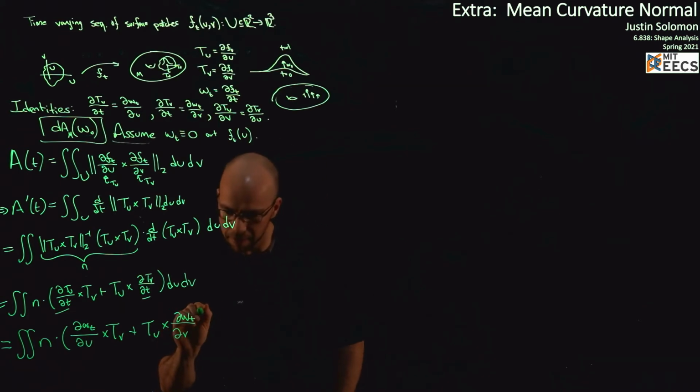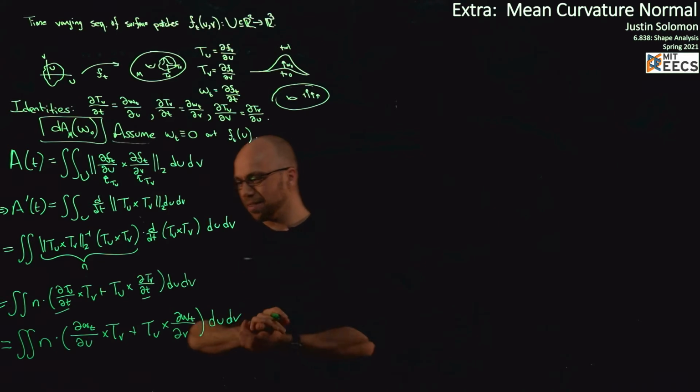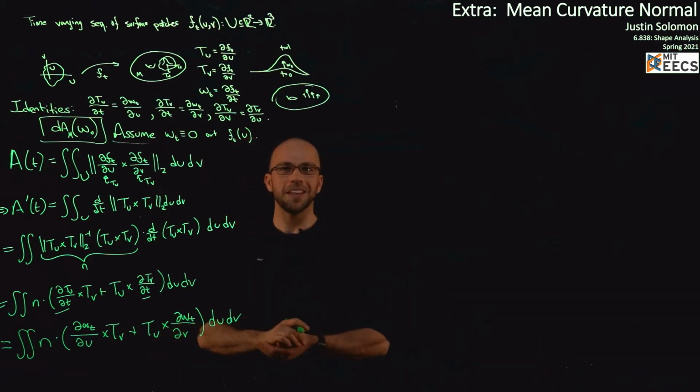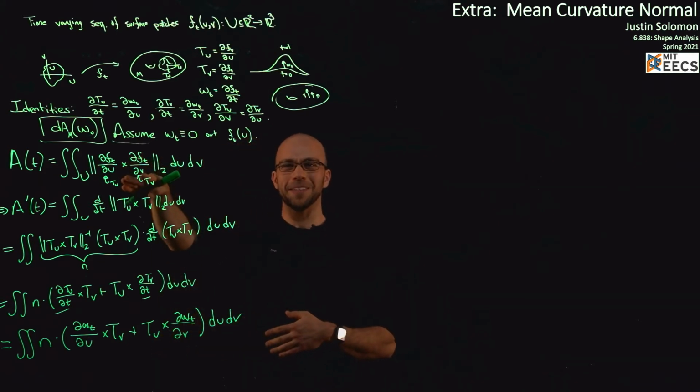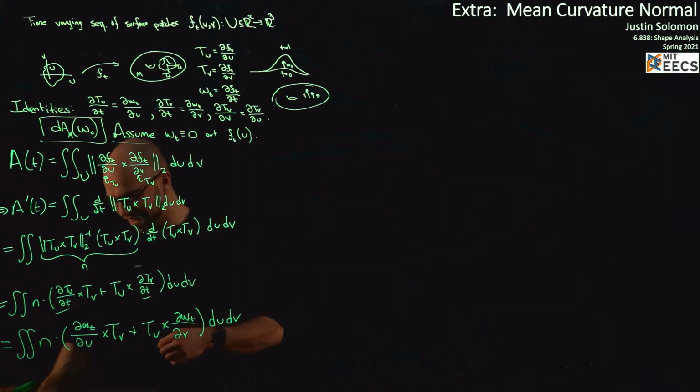Okay, and this is integrated again. So now we're getting somewhere. We have an expression that looks quite different from what we started with, which is pretty good. But we're still not done, unfortunately for us.